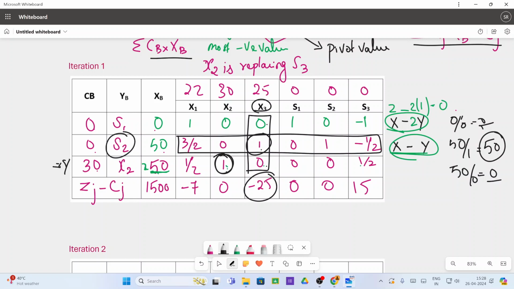Okay, so x3 is replacing s2. We have to do just that alone.